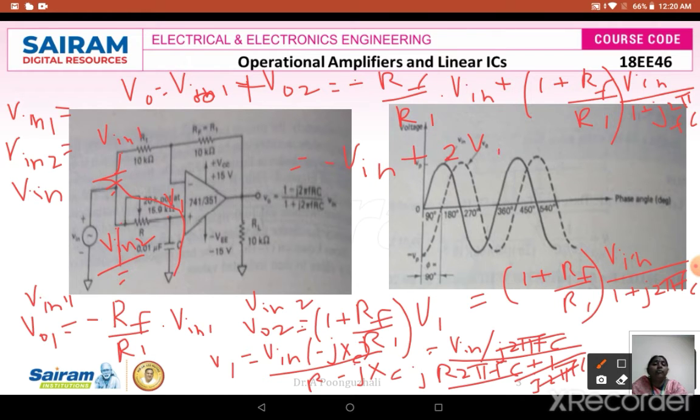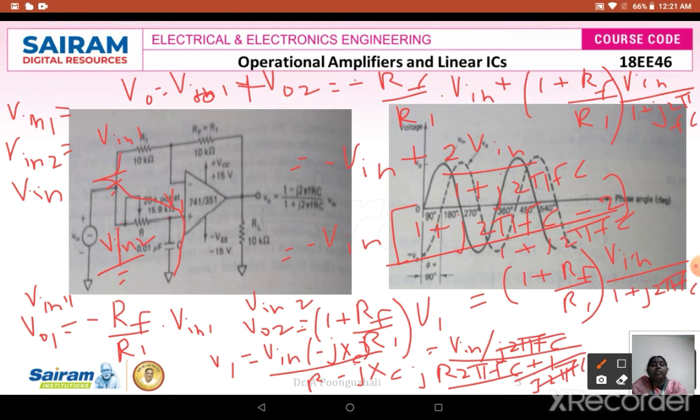So 2 into Vin divided by 1 plus j into 2 pi F into C. If I take the LCM, it is going to be minus Vin outside, 1 plus j into 2 pi F into C. So in this case this is plus, means this is going to be minus 2 divided by 1 plus j into 2 pi F into C. So minus 2 plus 1 is going to be minus 1.